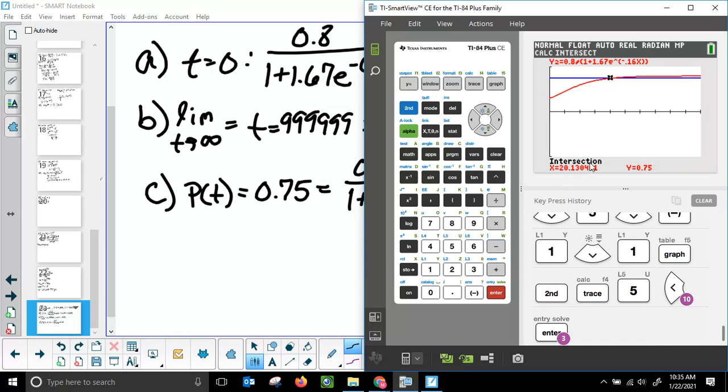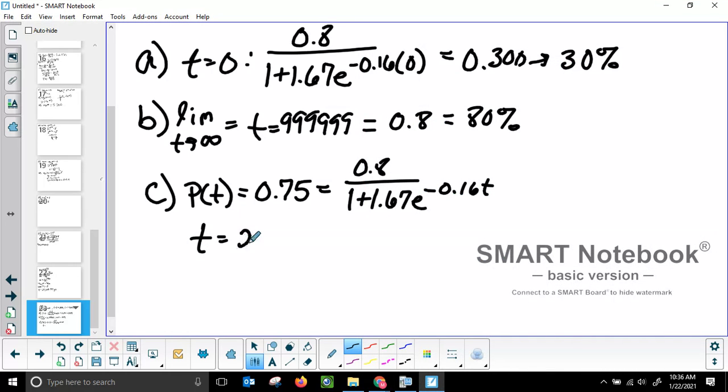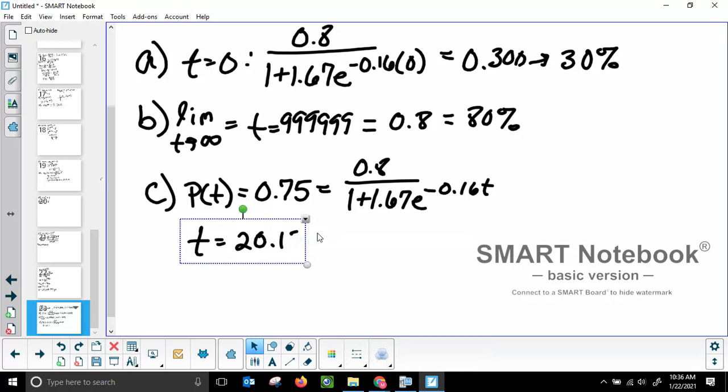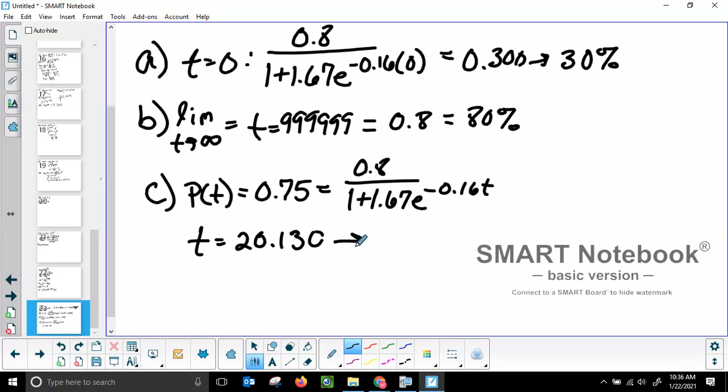Our intersection is 20.130. So here, t is equal to 20.130. It asked when, so this essentially is the year 2020, which, hey, just happened. Of course, no computer uses that software anymore, but who cares?